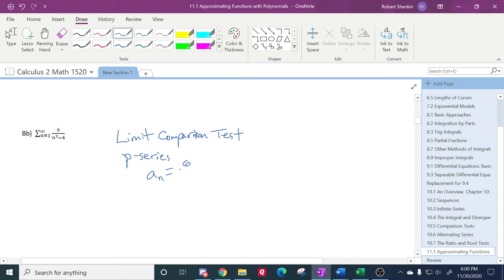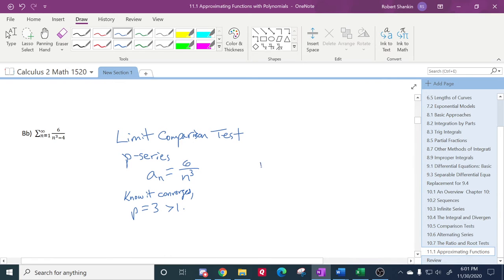Let's do 6 over that. And this we know converges, because p is equal to 3, and as long as it's greater than 1, it converges.